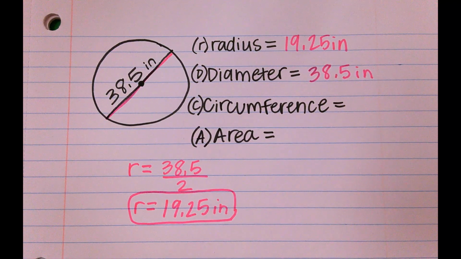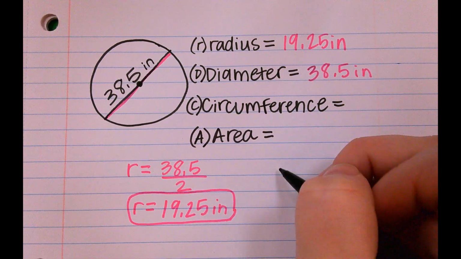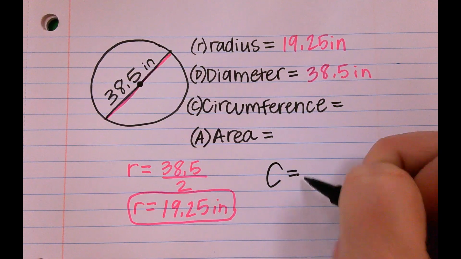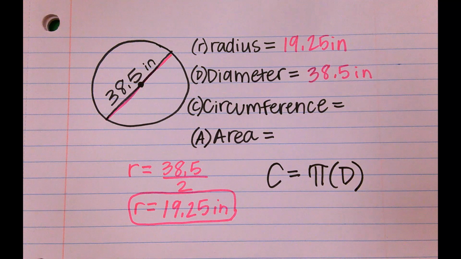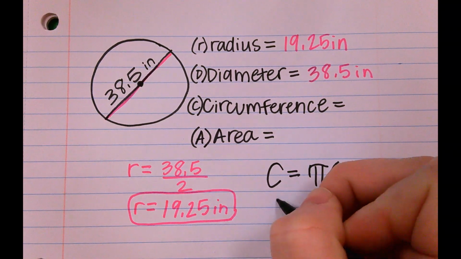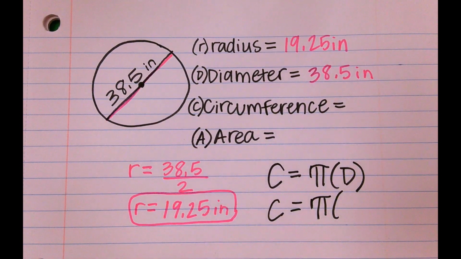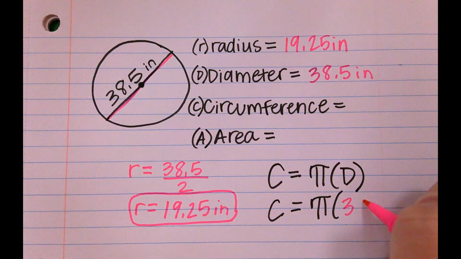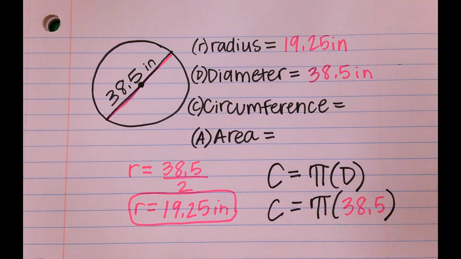So for circumference, we can use either one of the formulas. Somebody give me the formula they're thinking about using. How about pi times d? Perfect. Let's do circumference equals pi times d, diameter. So what will I plug in to find circumference? 38.5. Good. So we'll type that in.